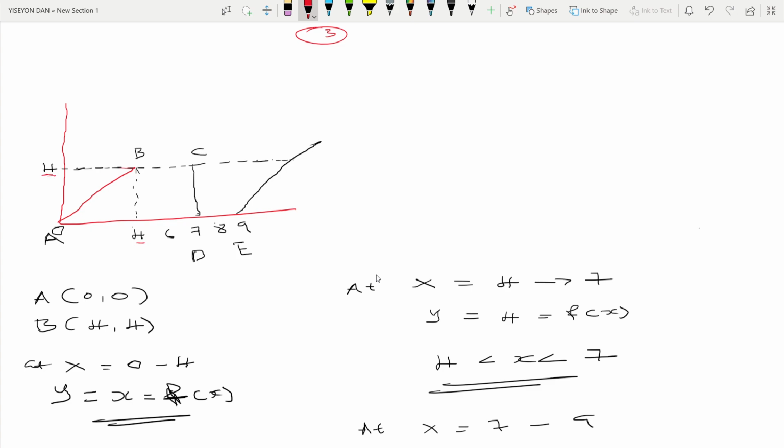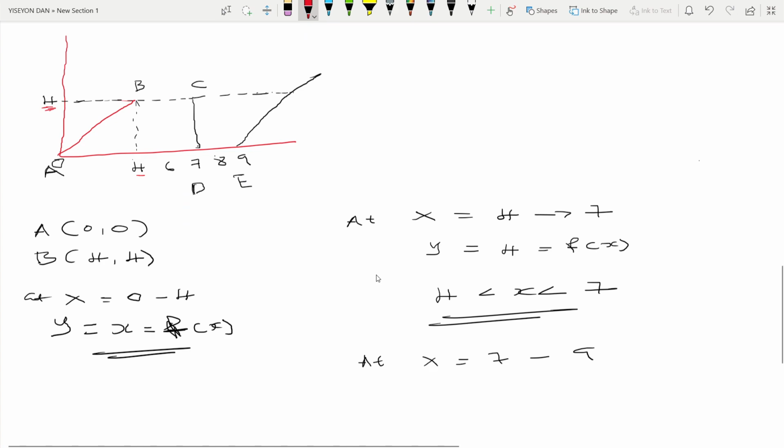So at x from 0 to 4, that is 0 less than x less than 4, if you are to find a range, it means that y equals x, which equals f of x. So that is going to be the range.